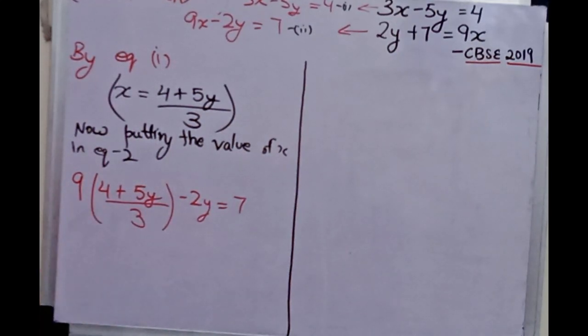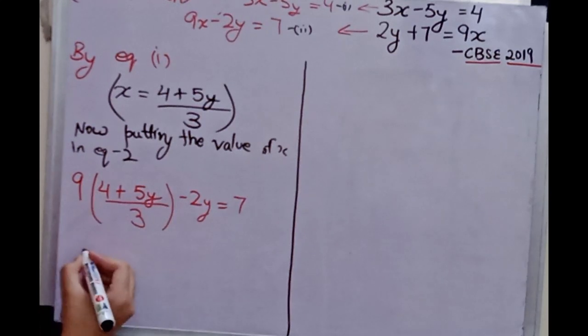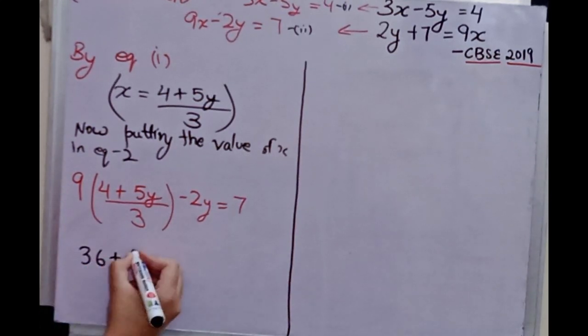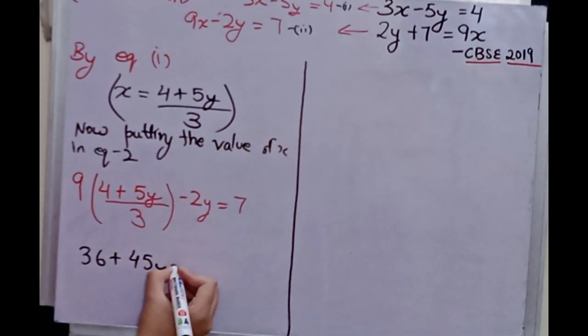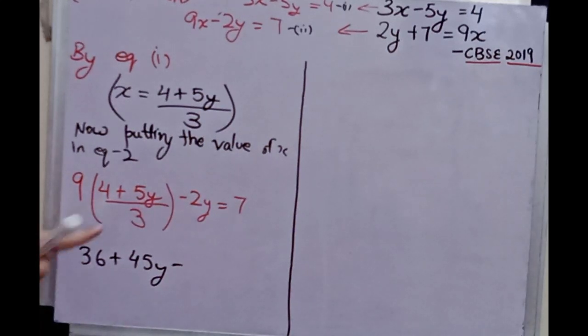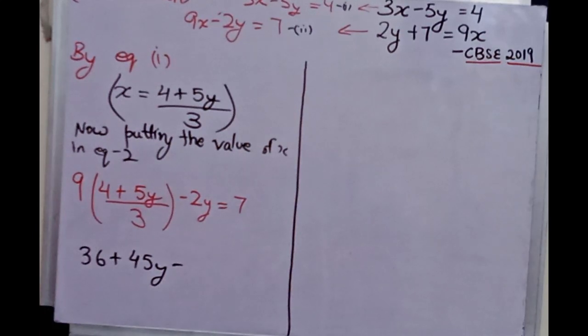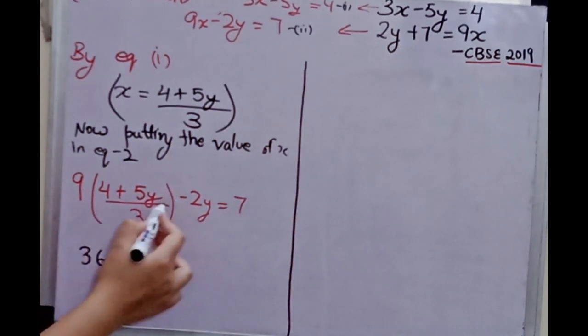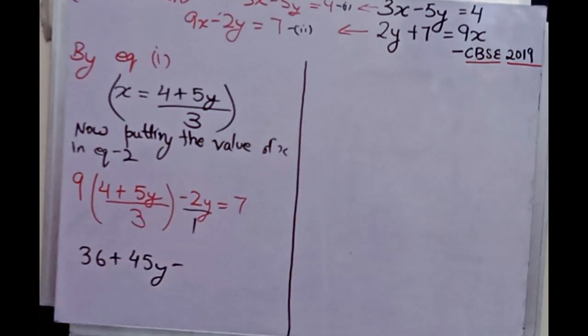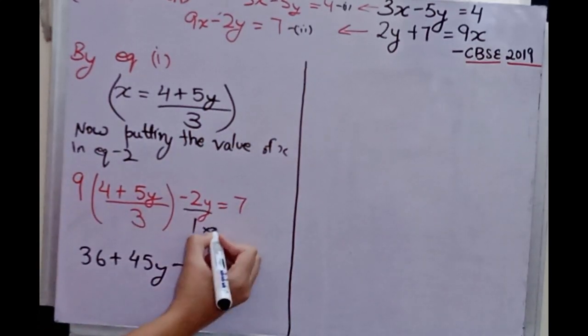Like 9 fours, 36, plus 9 fives, 45y, minus. Now here it is 3 as your denominator. Then here also you have to make the denominator the same by taking the LCM. Here the denominator is 1, so to make it 3, we'll simply multiply it with 3.